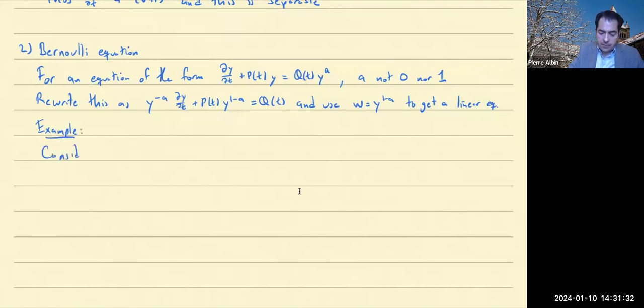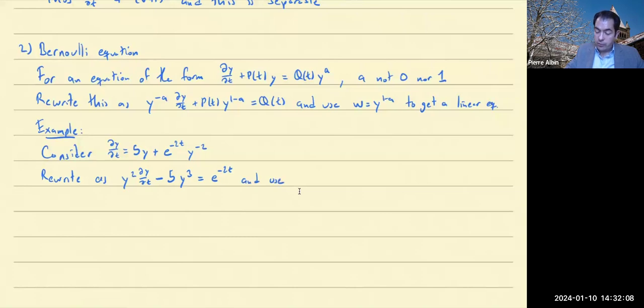Let's consider dy/dt equals 5y plus e to the minus 2t times y to the minus 2. Okay, so let's rewrite this as y squared dy/dt minus 5y cubed equals e to the minus 2t.